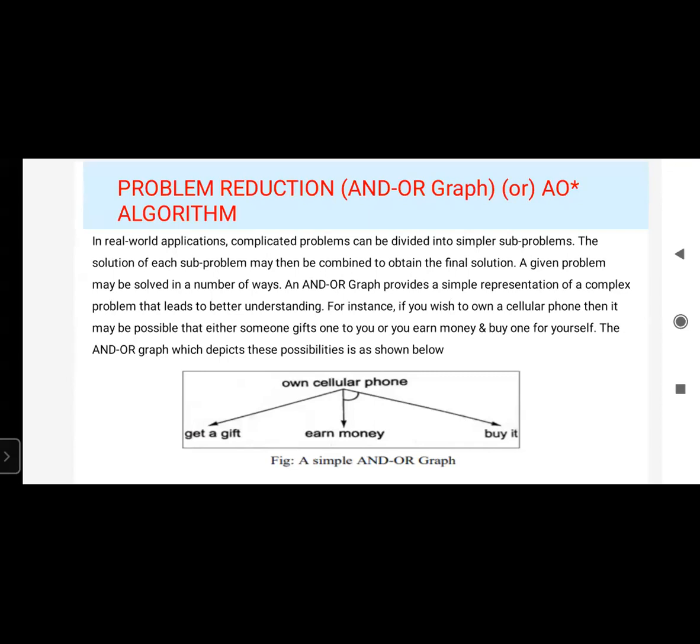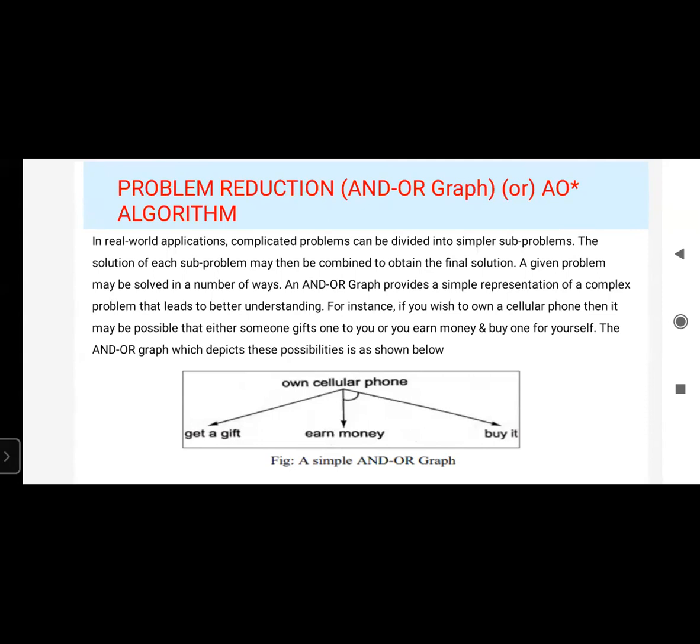Suppose we are given a problem, and that problem is divided into simpler subproblems. After solving each and every subproblem, we need to combine all the solutions of the subproblems and obtain the final solution. A particular problem can be solved in many number of ways. Whenever we are given a problem, it can be solved in many ways.